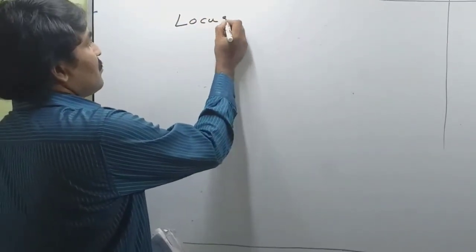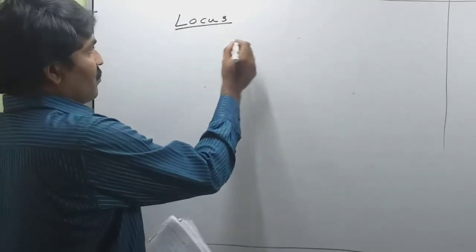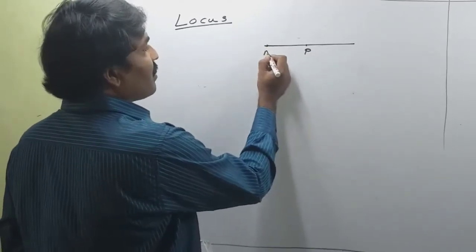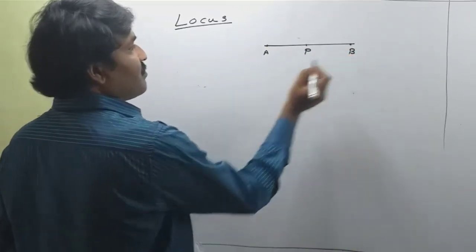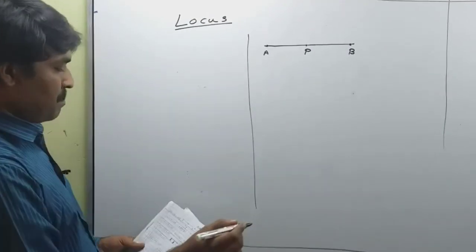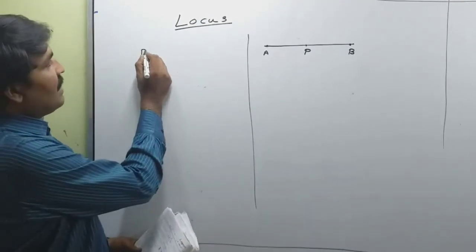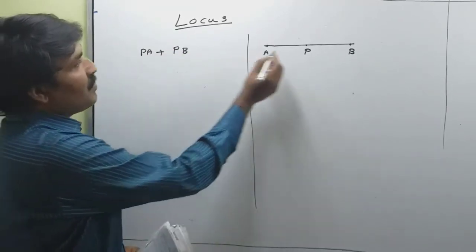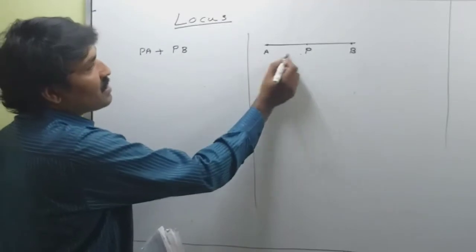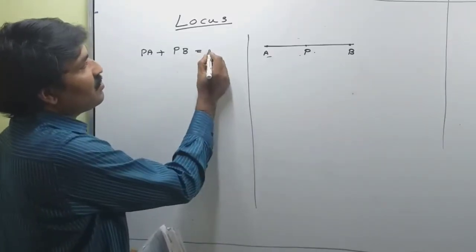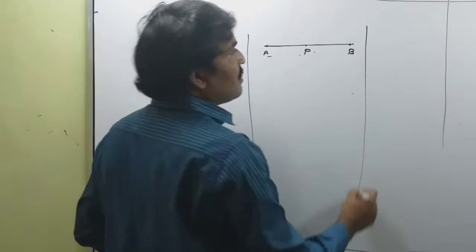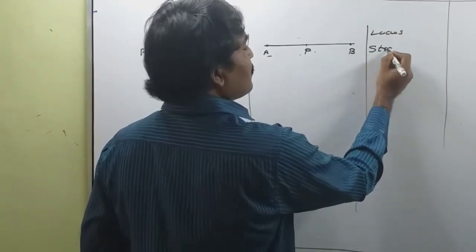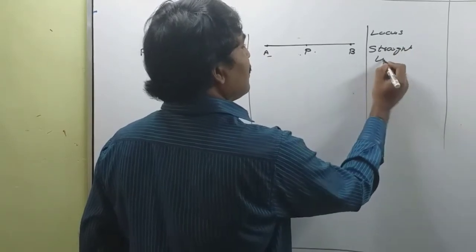Locus. If P is a point and A and B are two points, then if PA plus PB, this distance plus this distance, is equal to AB, this implies locus is a straight line.